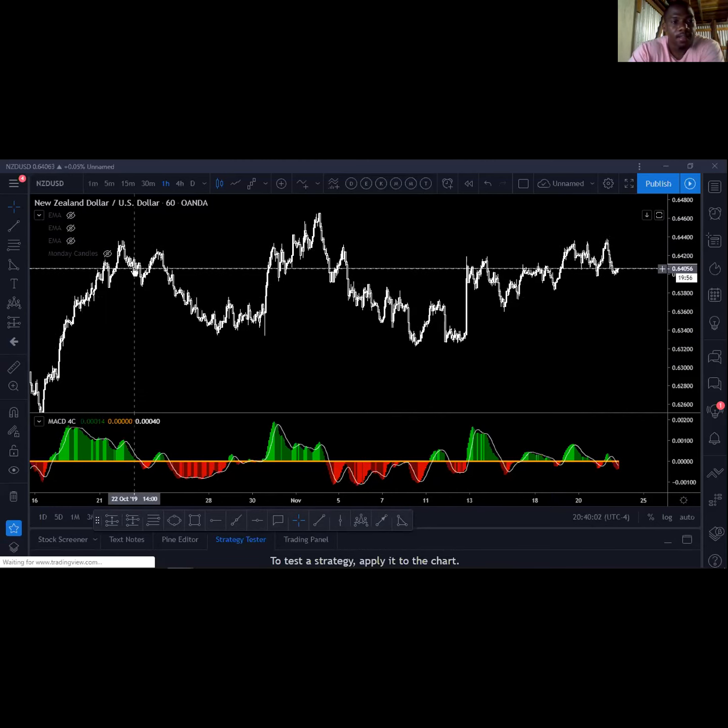Okay, something very basic now is how the market moves. The market moves in three directions: down, sideways, and up. When the market is moving in any direction, it gives you swing points.